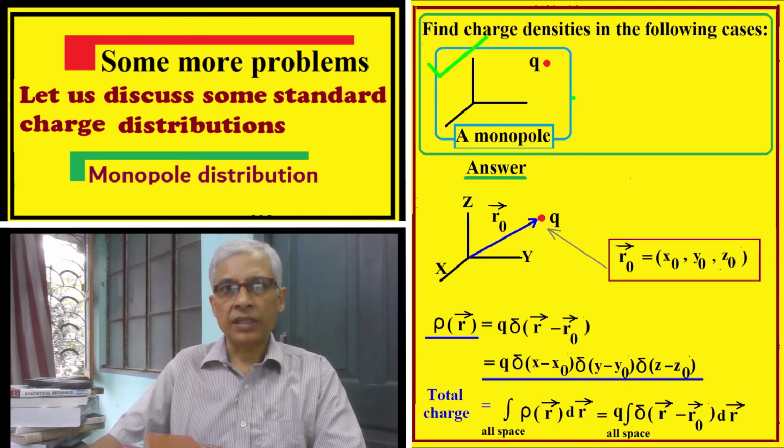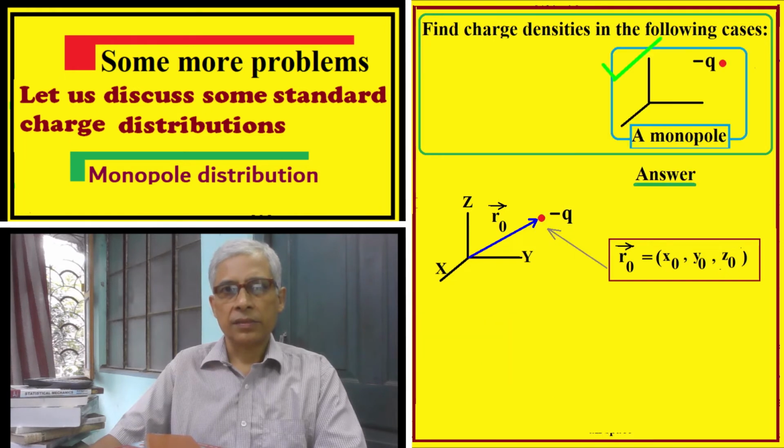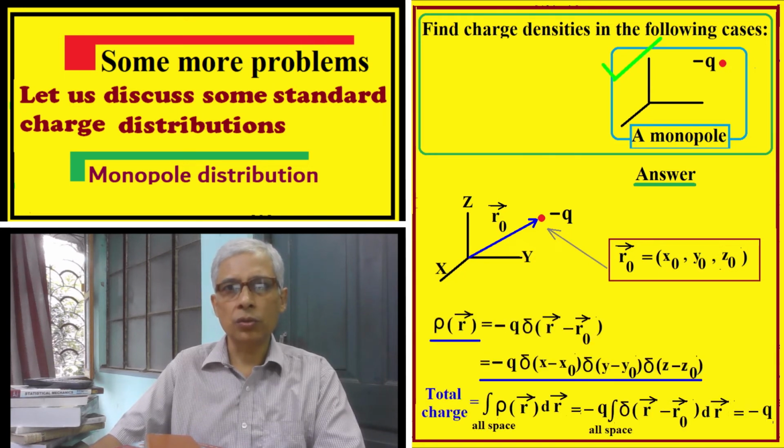And we check whether this charge density generates the total charge Q, and indeed it does. And similarly, for the other problem of minus Q at vector r0, the charge density is as shown, the difference being that now we have minus Q instead of Q.